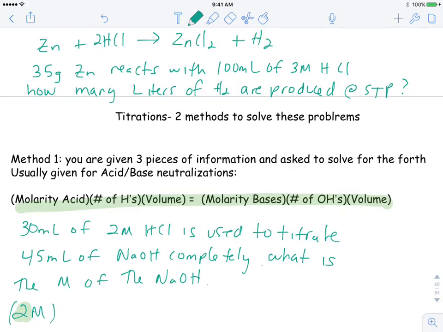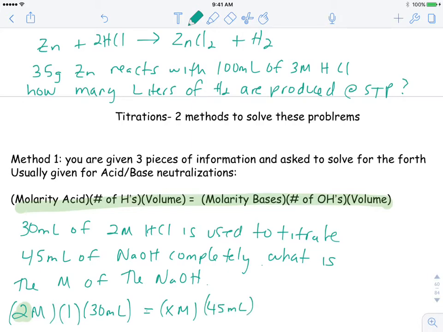The number of H's in the formula is 1. That's for the normality. The volume is 30 milliliters. For the base, the molarity of the base is X. The volume of the base is 45 milliliters.